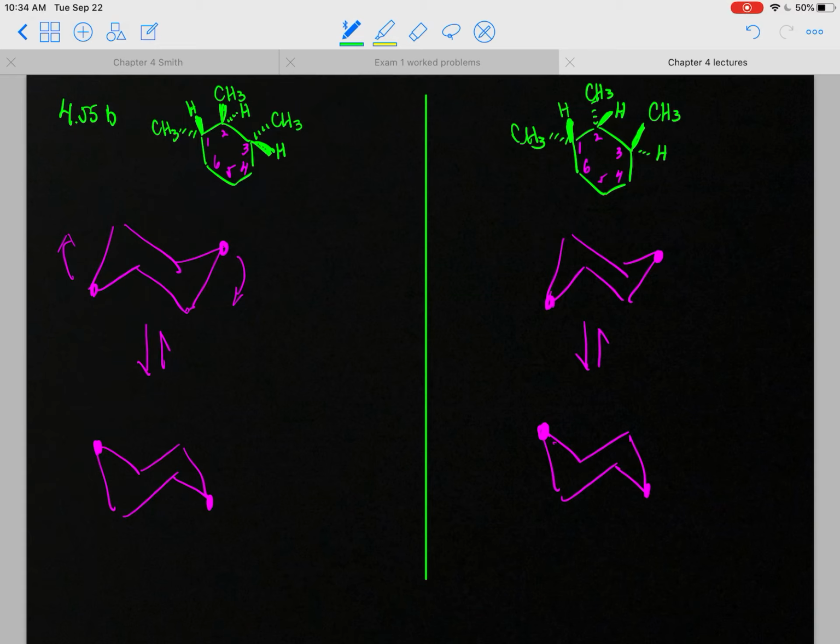Okay, now let's number our carbons. So I'm just going to make this be carbon 1. There's no right or wrong answer. We could draw many different depictions of this. But I tend to do things clockwise, and I always pick carbon 1 in the upper right.